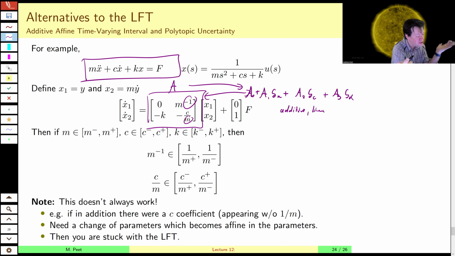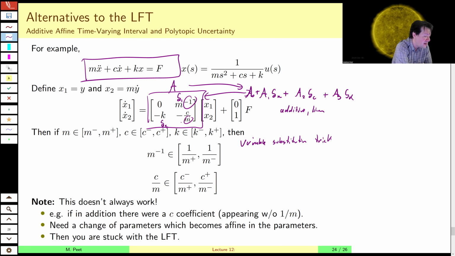Fortunately, however, there's a variable substitution trick in this particular case that we can use. Where we declare 3 new uncertain parameters. Specifically, we make this parameter delta 1. K is delta 2.